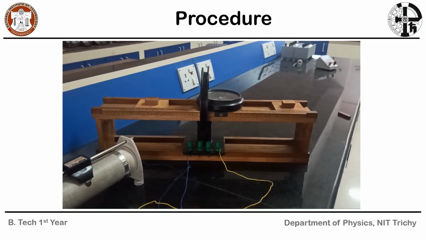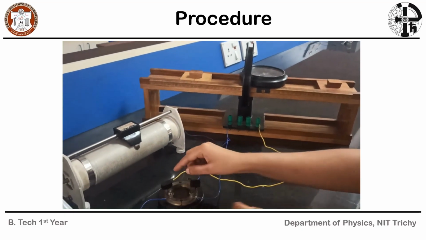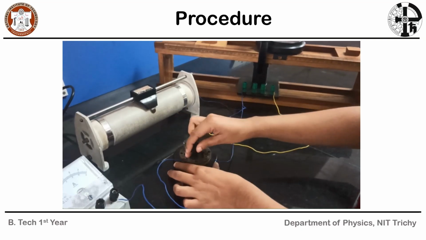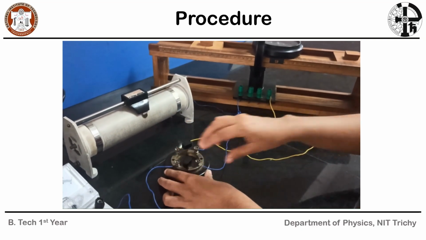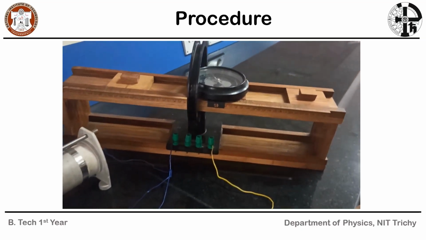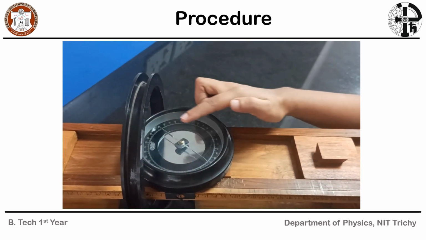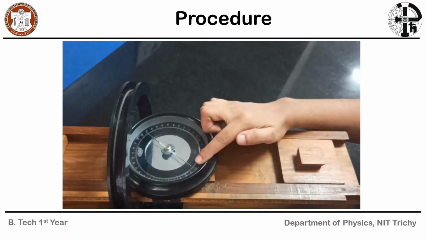After removing the bar magnet, we will reverse the current direction using the 4-way key. And again note down the deflection as theta 3 and theta 4.